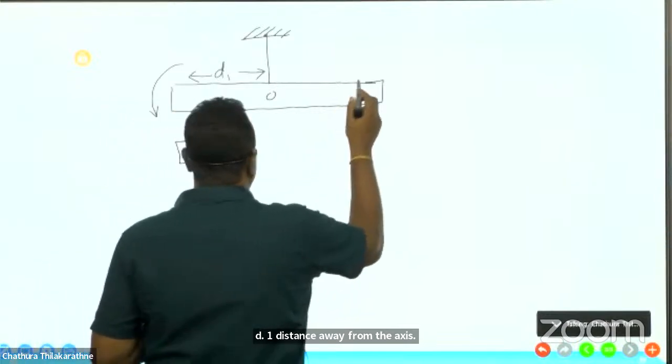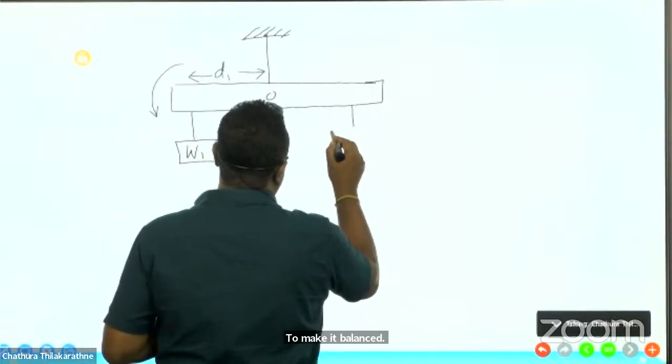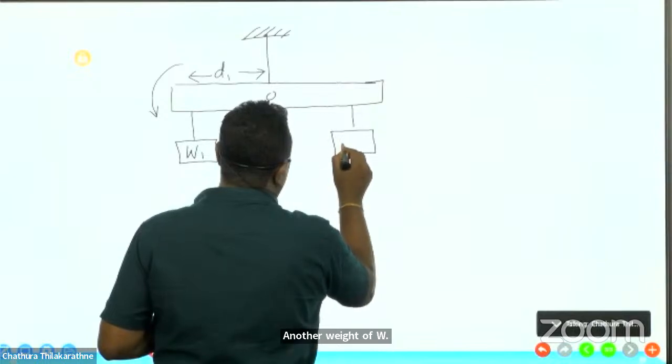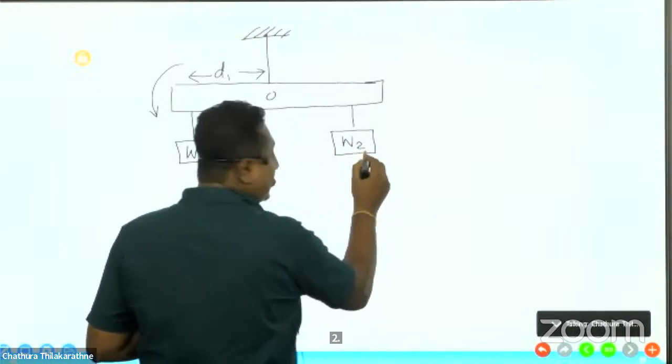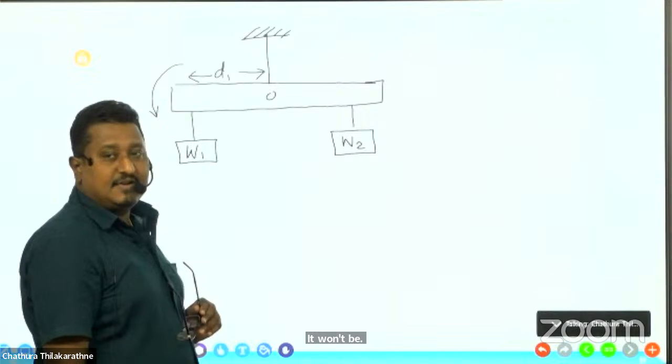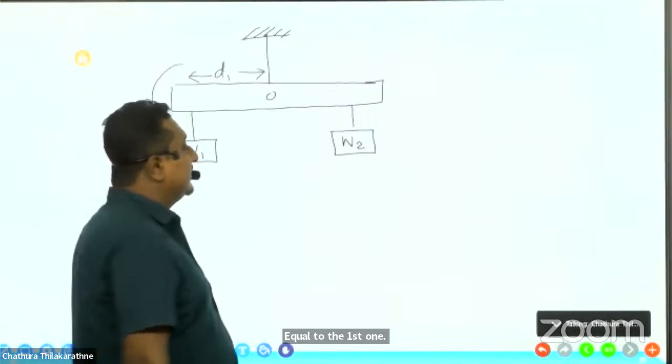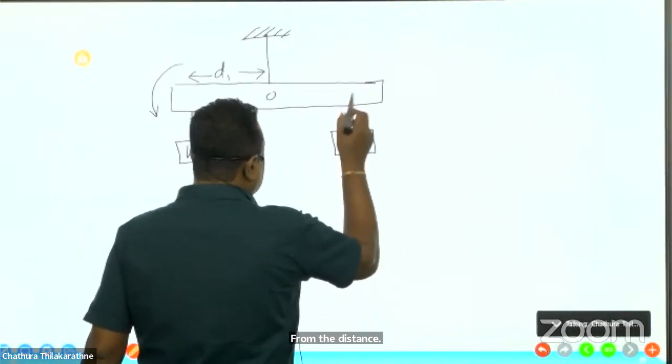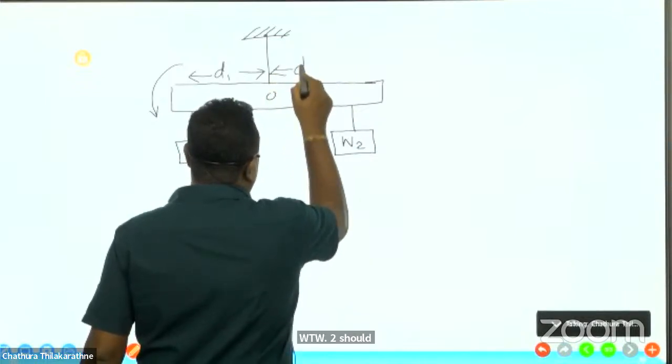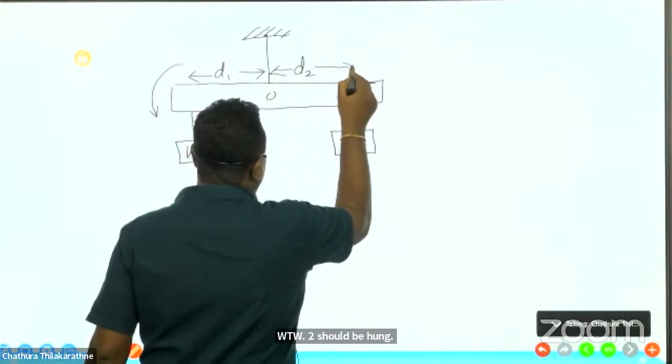To make it balance, another weight W2, which won't be equal to the first one, can be adjusted by distance. W2 should be hung D2 distance away from the axis.